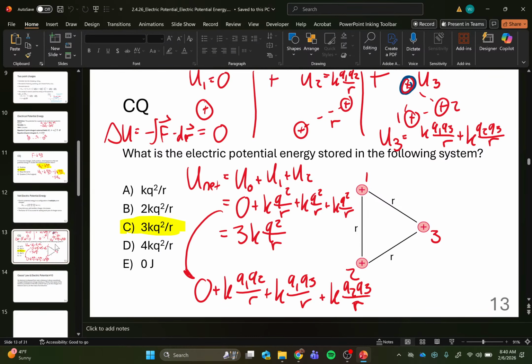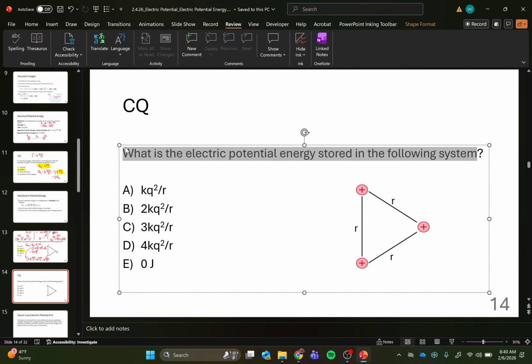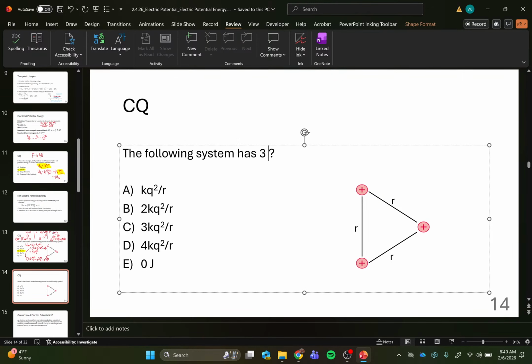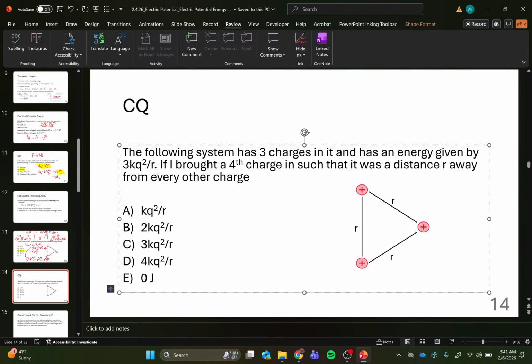I think this is worthwhile, so I'm going to make a new question here to see if you all made sense of this. The following system has 3 charges in it and has an energy given by 3kq squared over r. That's what we found last class. If I brought a 4th charge in such that it was a distance r away from every other charge, what is the new energy of the system?